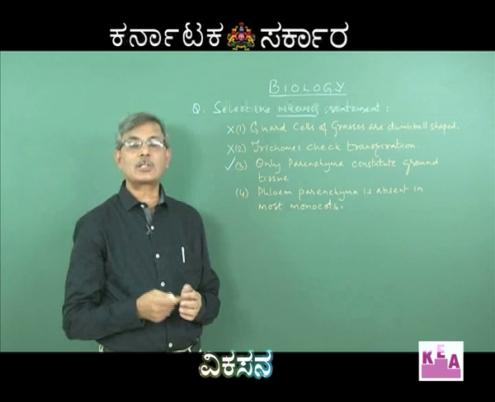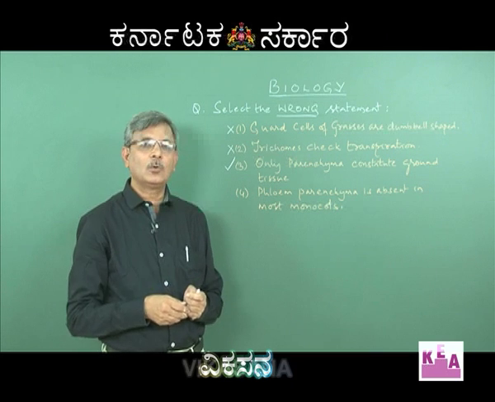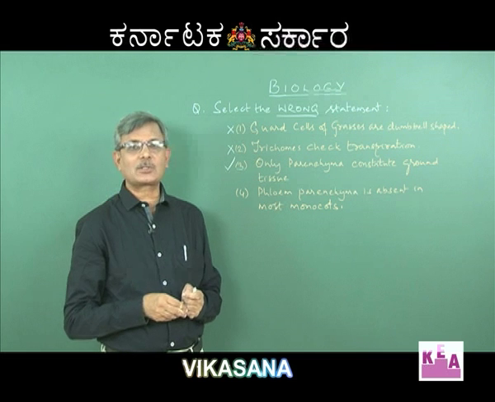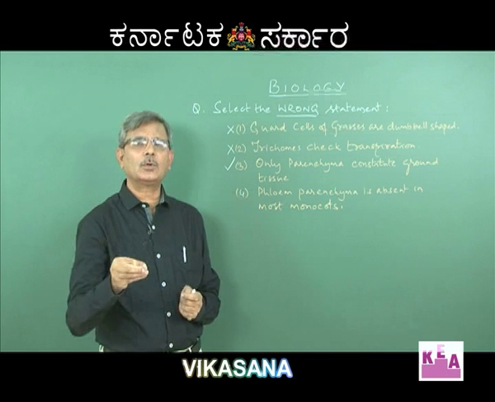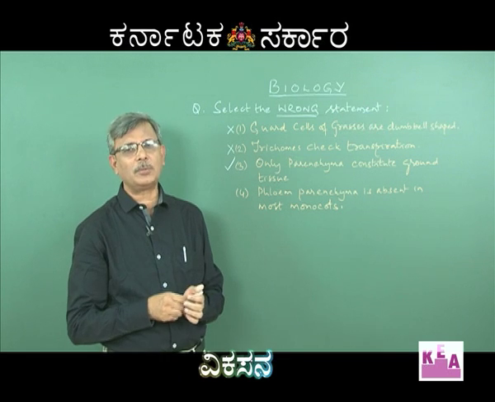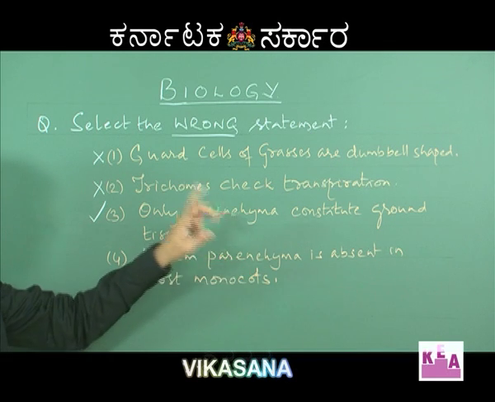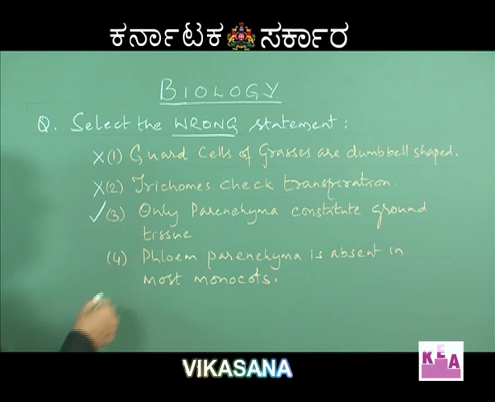That is a characteristic feature. Similarly, in the xylem, only 2 metaxylem vessels and 1 or 2 protoxylem vessels with a fluid filled cavity are present. So since phloem parenchyma is absent in most monocots, that is also a right statement, thereby this is not our answer.